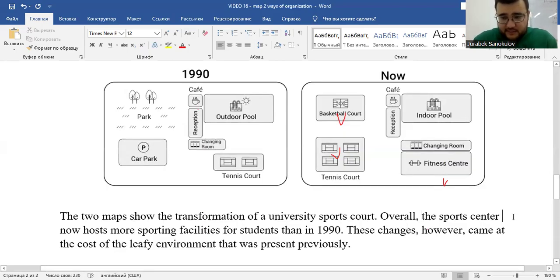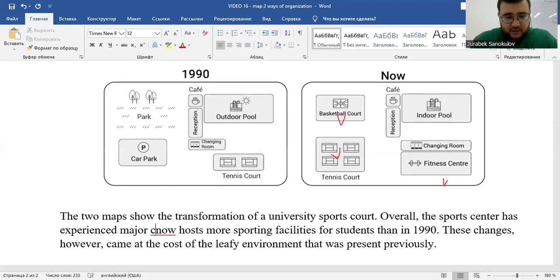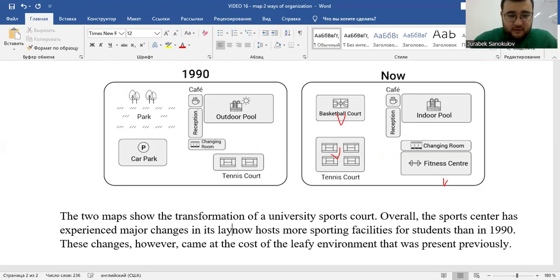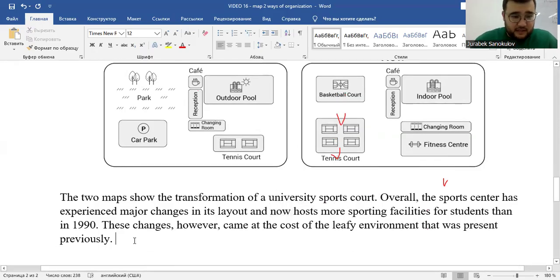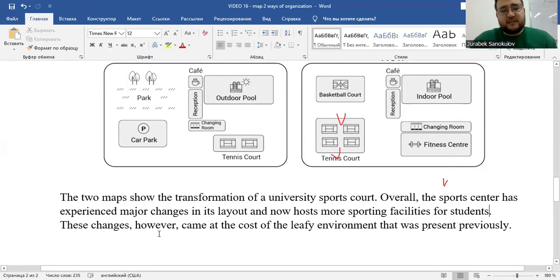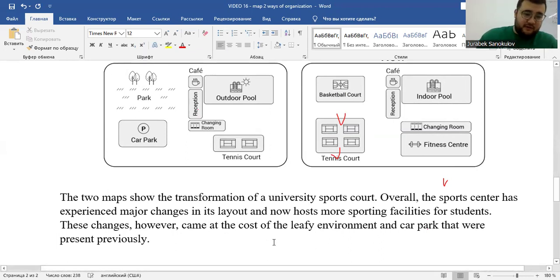The sports center has experienced major changes in its layout, and now hosts more sporting facilities for students than in 1990. So I think this is kind of redundant. These changes, however, came at the cost of the leafy environment and, let's just say, the car park that were present previously. I believe that's more than enough, because we described the main changes in the overview.